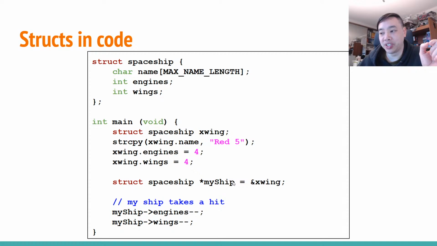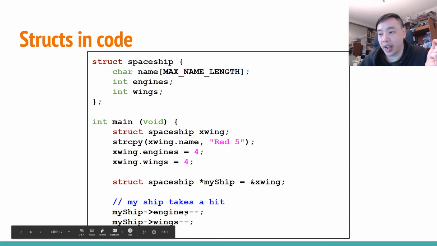So I give it the address of X-Wing here. Then I will access through the myShip pointer via the arrow, not the dot. The dot is where we have the variable. The arrow is where we're using a pointer to a variable. And we can do the same kind of thing. So the ship takes a hit, maybe I lose an engine and a wing at the same time when that happens. Just some sample code.